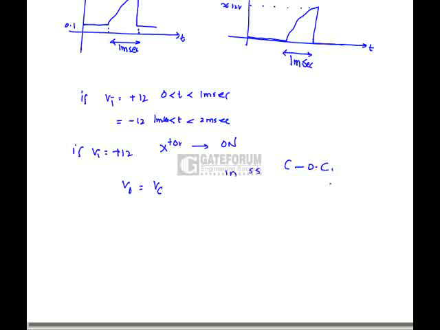Open circuit means in the steady state position, Vc of t is nothing but 12 divided by 12.1 K into 0.1 K, which equals 0.1 volt. 0.1 volt means from 0 to 1 millisecond, the amplitude of the output voltage is 0.1 volt, which is a constant as this one.